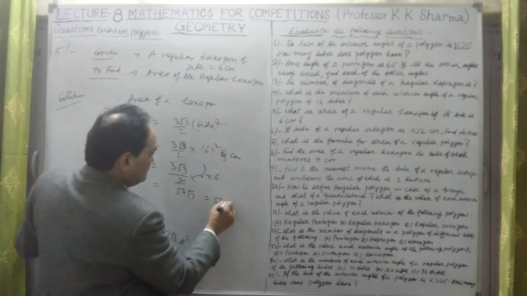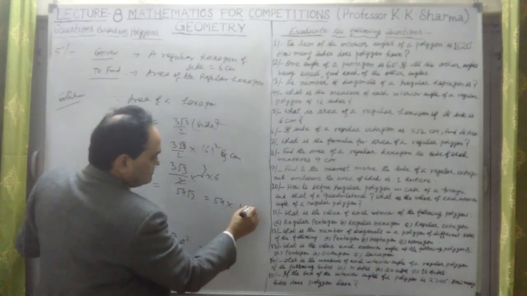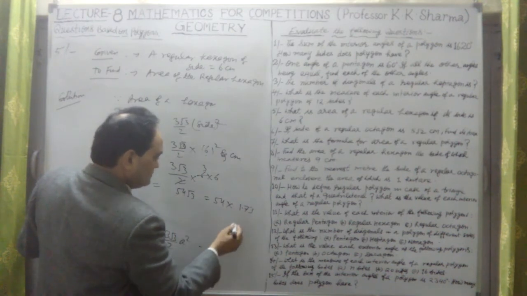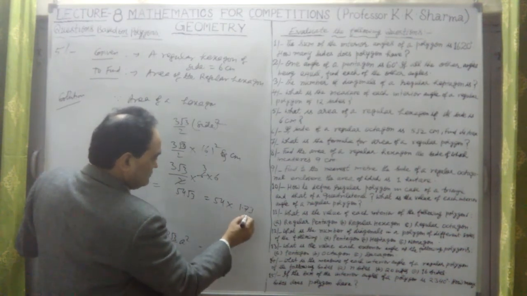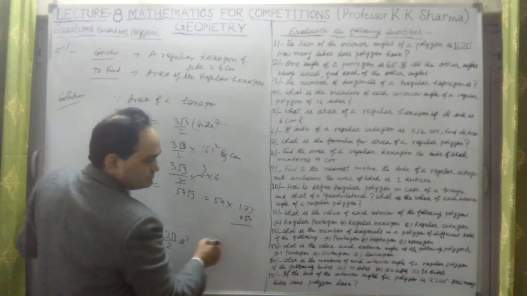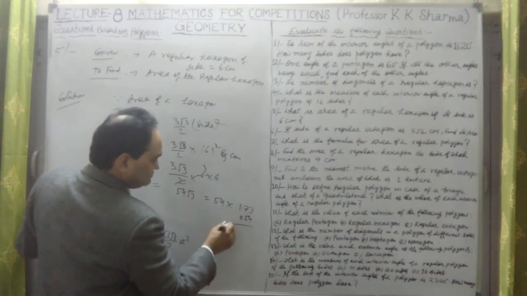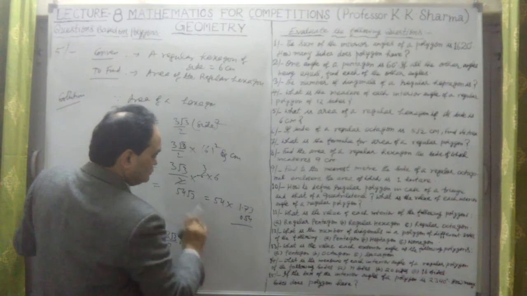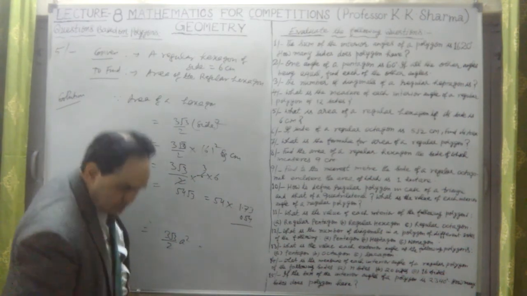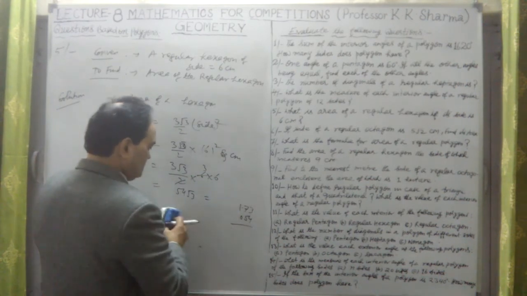If I multiply this by the value of root 3, 1.73. 2 is also there, but let me multiply this. This is 54 here, 0 put. So 4 3s are 12. Okay, I am just multiplying by this one.